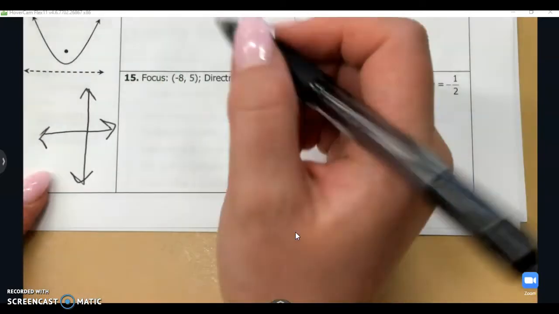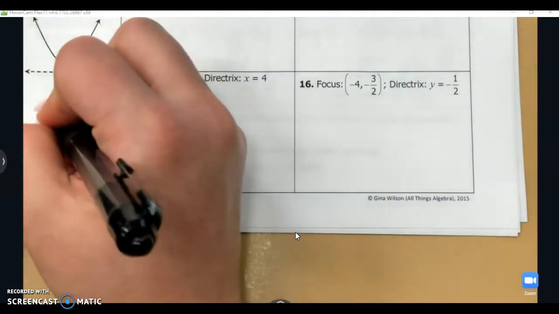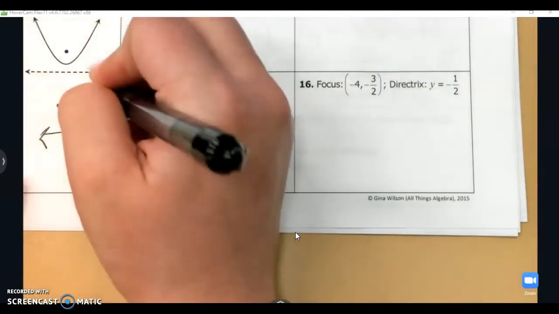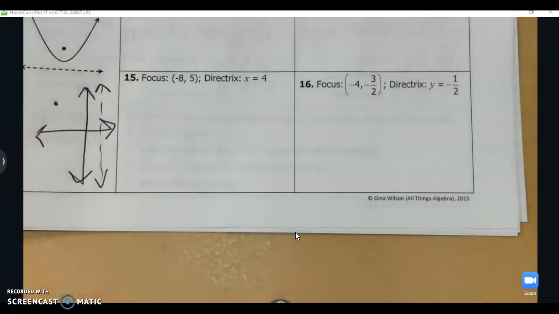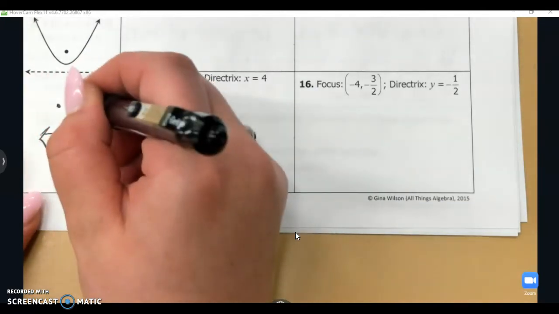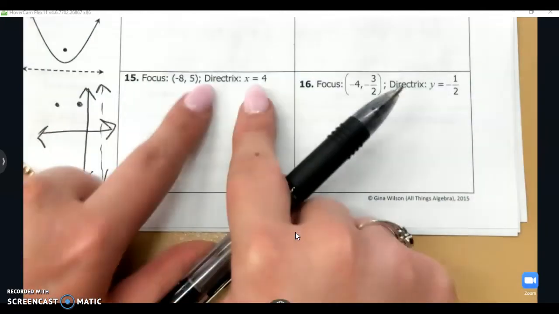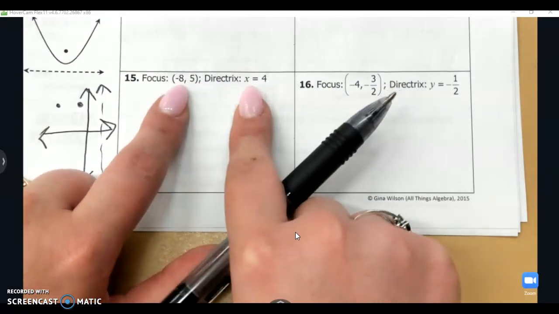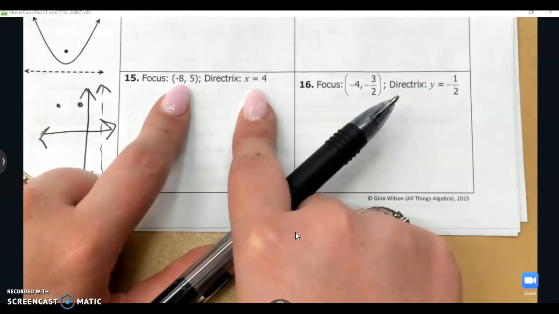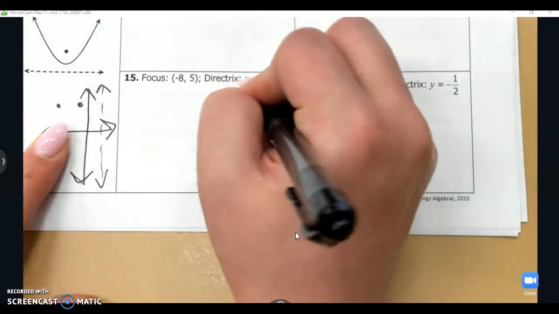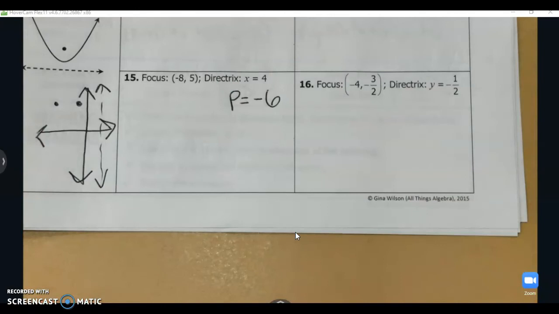So if my focus is at -8, 5, and I have a directrix, a vertical line at +4, that tells me that this is going to be a horizontal parabola open to the left somewhere. So my vertex is going to be halfway between this focus and this directrix. So looking at my changes in my x's, from -8 to 4, that is 12. So there's 6 apart from each, that vertex is. So P is going to be -6 because it's open to the left.